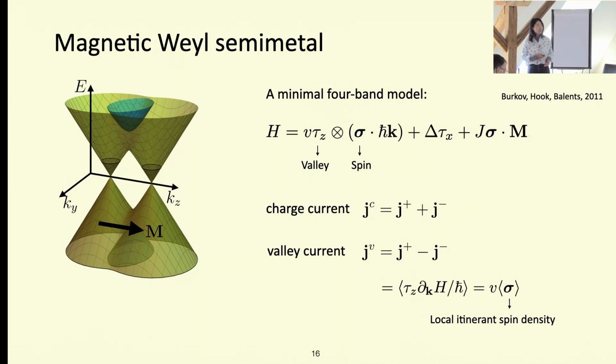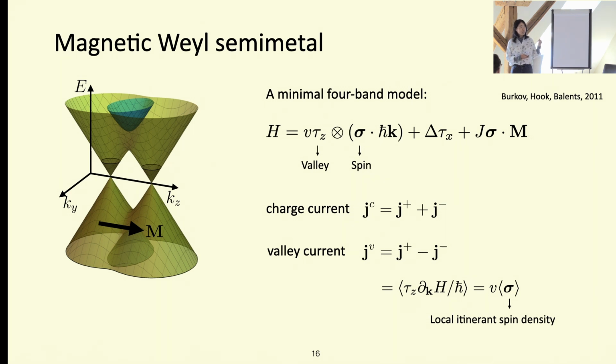And the charge current is simple. You just sum up the current located at the two valley cones, and the valley current is weighed by the chirality of the cones. So it's actually a subtraction between the two cones.